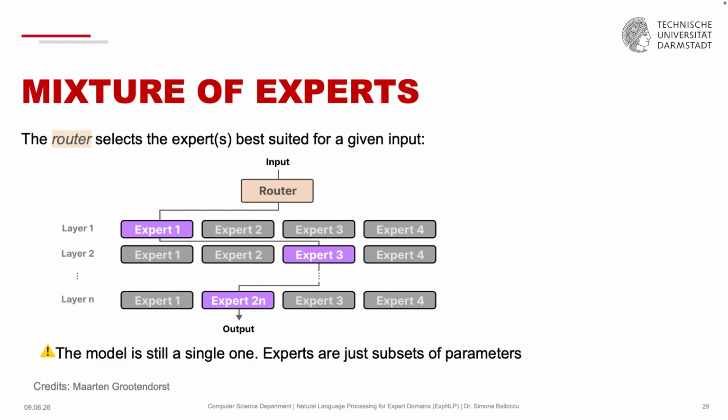We have a router and some layers, and in each layer, one expert, or more than one. Here in this picture, one was chosen. And keep in mind that the model is still a single, unified, unique model. These experts are just subsets of parameters.